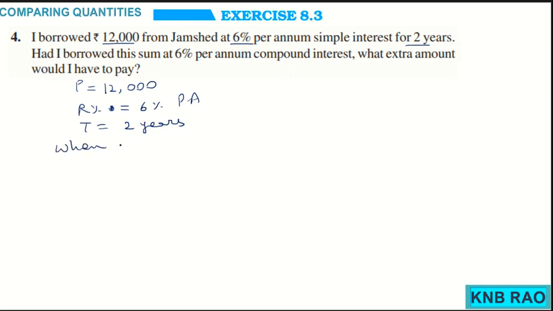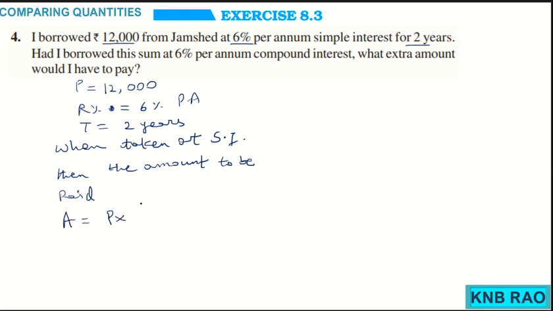When taken at simple interest, the amount to be paid we will calculate from the formula P into 1 plus T into R upon 100. I am using the formula straight away to find the amount.